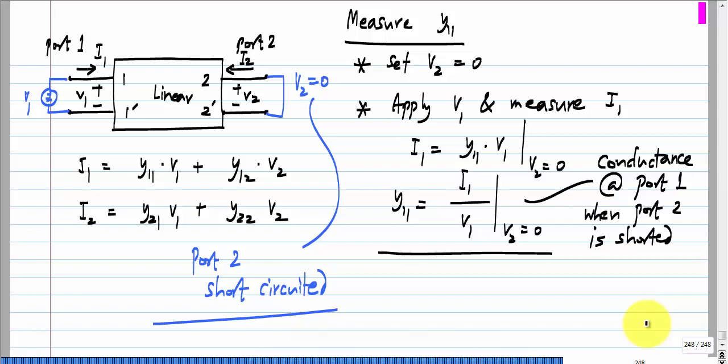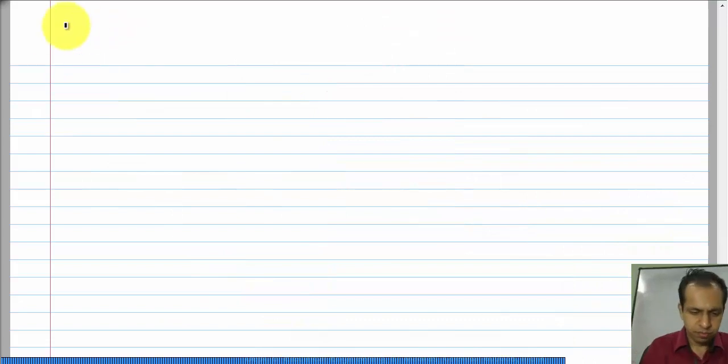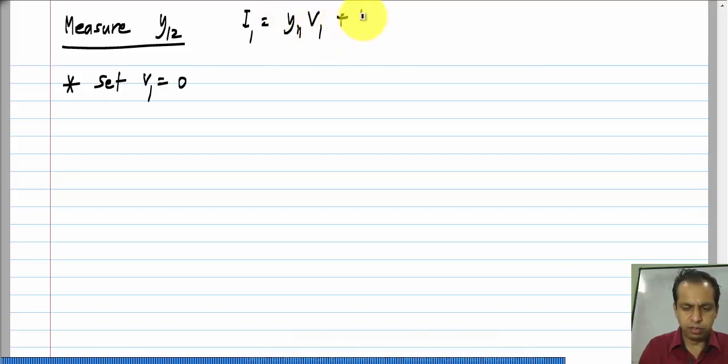So, we can continue this for other 3 parameters. If you want to measure y12, what do you do? You set V1 to 0. The idea is the same. I1 is y11 V1 plus y12 V2.